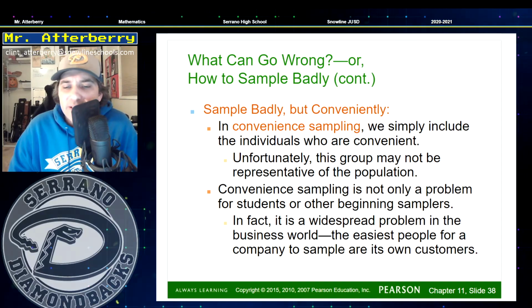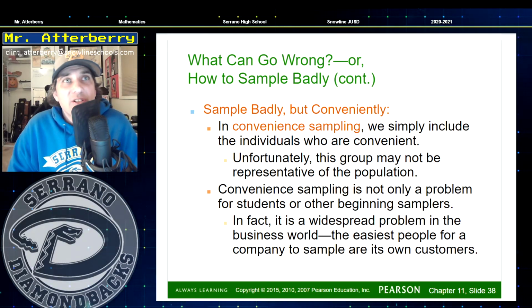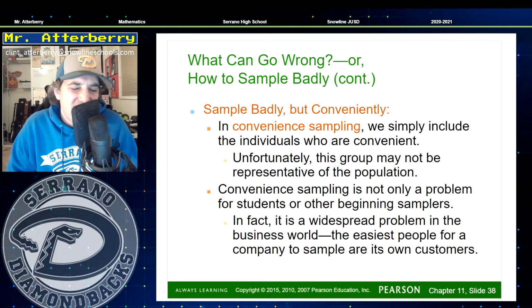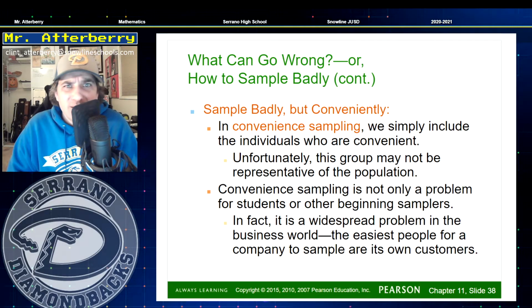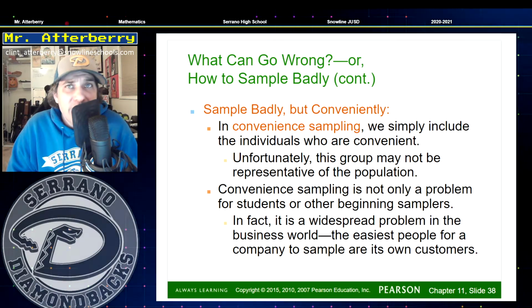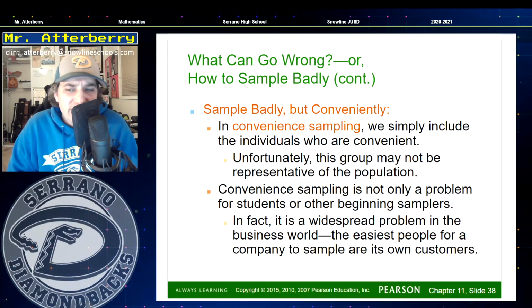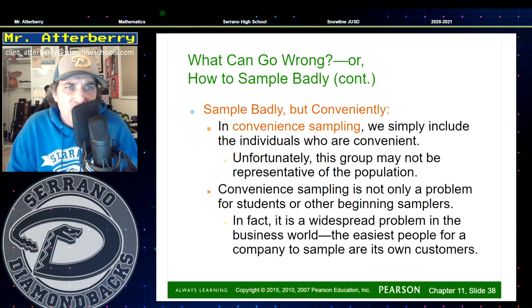So here's a good example of convenient sampling. Going out to a lunch area during school, let's say if we were in our classrooms, and I asked you guys to go do a sample. Let's say you go to the lunch area and you just find 10 people that are all close together and you survey them. That would be convenience sampling and that would be terrible, okay? Because usually you don't get a whole lot of information about the entire population from a small group that's just convenient for you to reach out to.